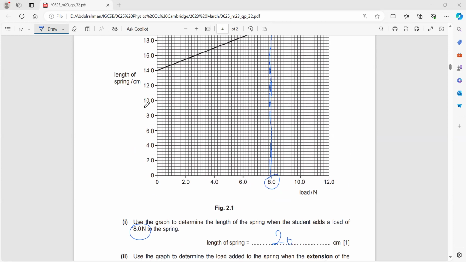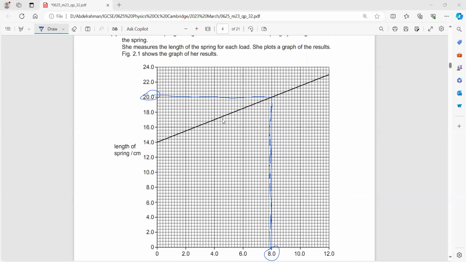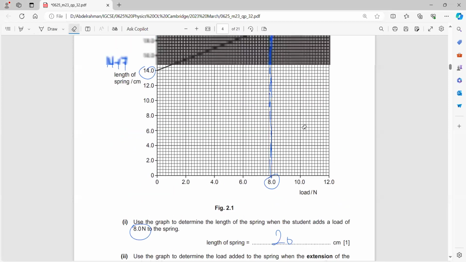What's the answer? How can I find the extension? 14 plus 7. The initial length 14 plus 7 is 21. What should I do? We go to 21 on the graph and go down to find the load, 9.3. So it will be 9.3.